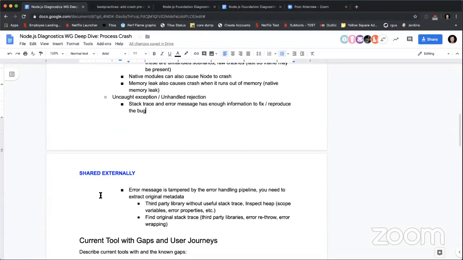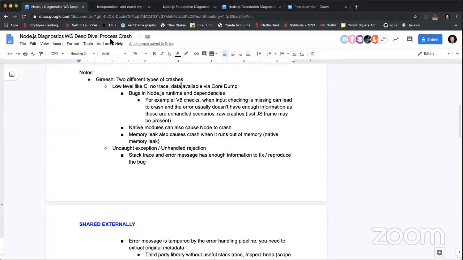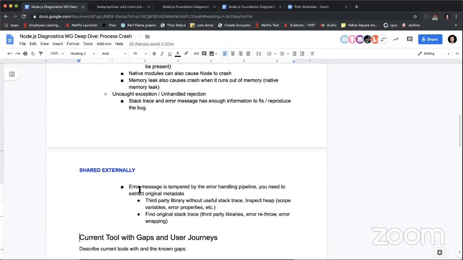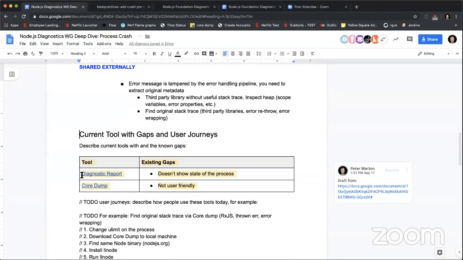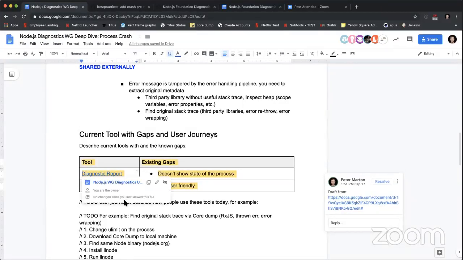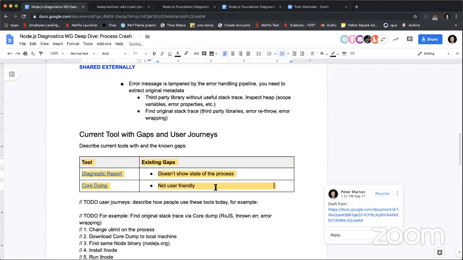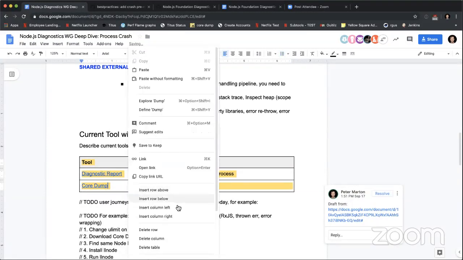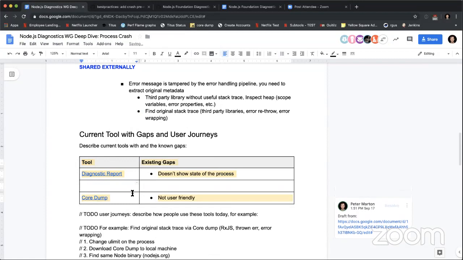Okay, then maybe let's move to the tools, and later we can always come back to multiple use cases. So I added a couple of tools in this table, which I had in my mind, but it's a good point that what Ruben mentioned, we can see it as a tool: now we have the new error property printing, which I will put as error properties.